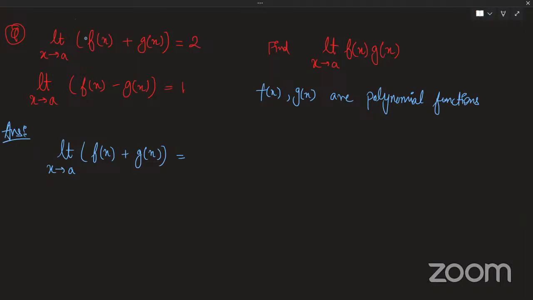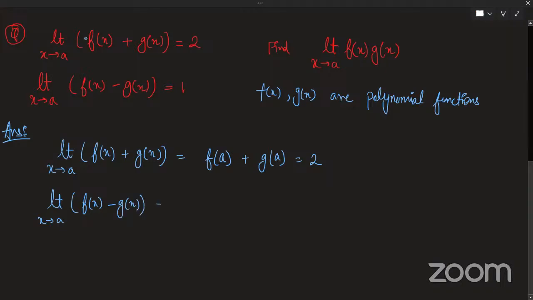Yes, I can do it, because they are polynomials, right? Sum of two polynomials will also be a polynomial. So f of a plus g of a is 2. And the same thing doing in the other one, this is equal to 1.